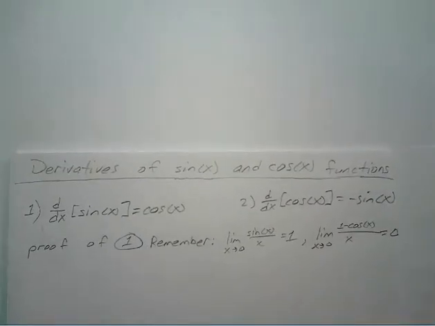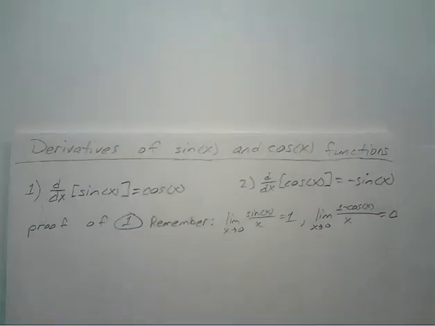Those are our special limits for trig functions, at least those two. Of course, they'll be proven later, but for right now you have to remember those in order to differentiate sine and cosine. We're going to do sine.